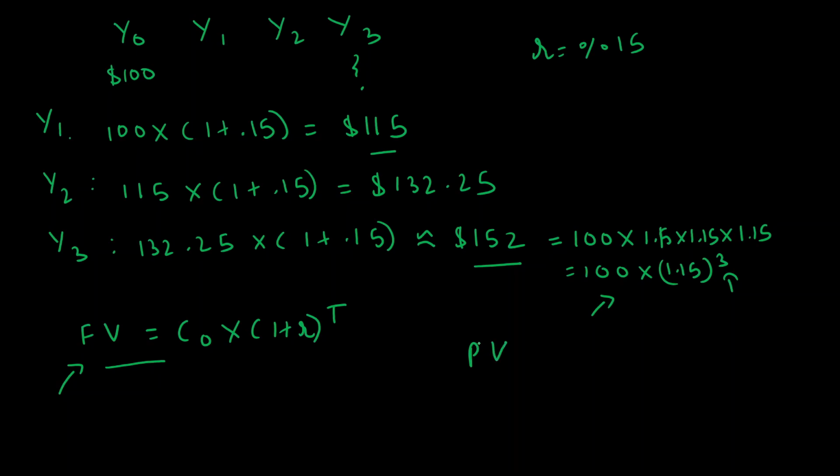So what is your future value? It's just the money you will be getting after you invest it for T number of periods. So I'm going to call this future value CT, which is the cash flow that you're getting in your final period or period T. So your formula for present value becomes PV is equal to CT divided by 1 plus R to the power T.